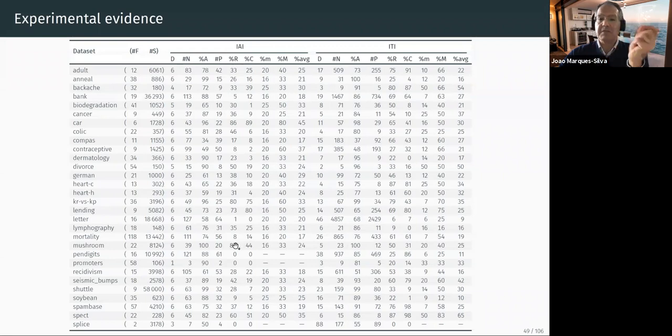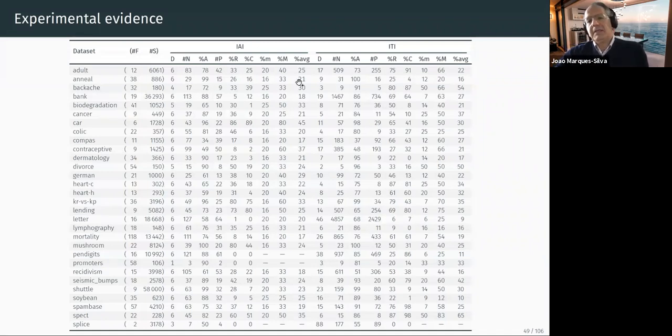This means that 80% of paths in the decision tree that we get for mushroom with IAI, Interpretable AI, have literals that you can drop when we are computing an explanation, a PI explanation. And the same is true across the board for ITI, okay? As you can see here, I think we get even larger numbers. We get 80 for sure. I thought 87, yes. So that's one aspect.